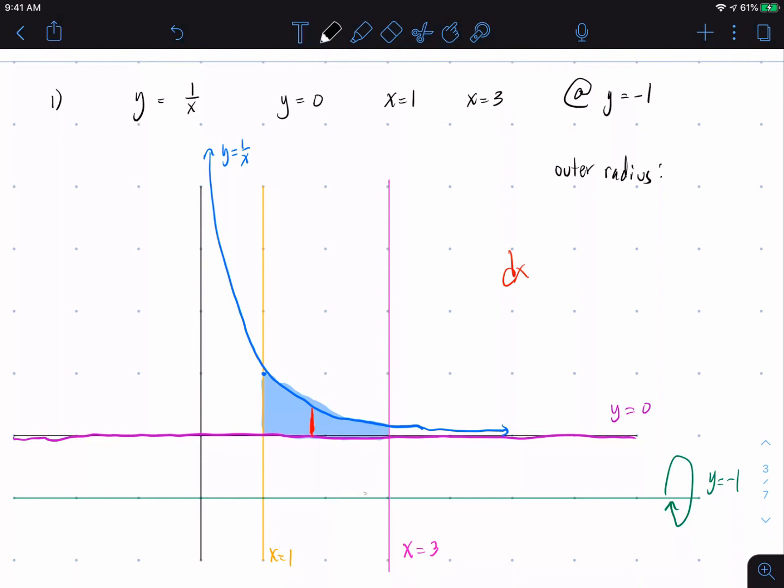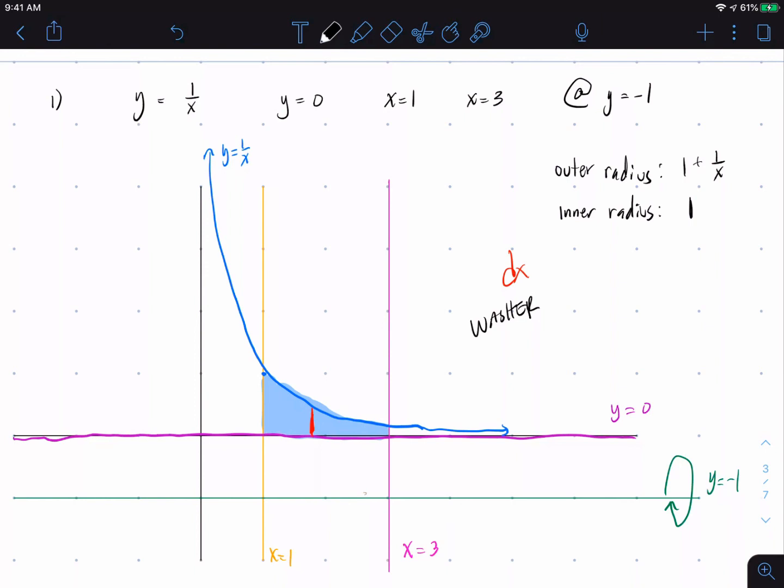So it should be 1 plus 1 over x. What is the inner radius? Good, it's 1. And so, I should have said this, but I gave it away. There is a gap, so this is the washer method, correct?